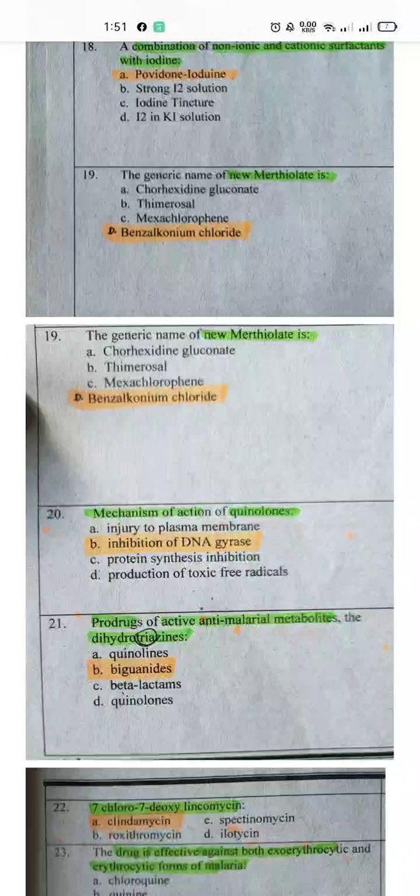Number 21. Prodrugs of active antimalarial metabolites, the dihydrotriazines, are your biguanides.